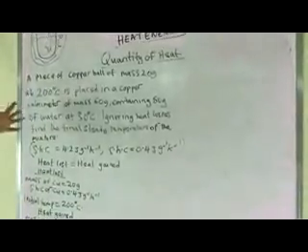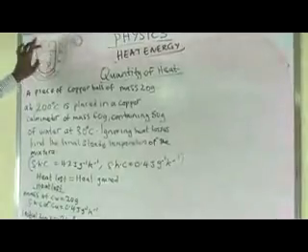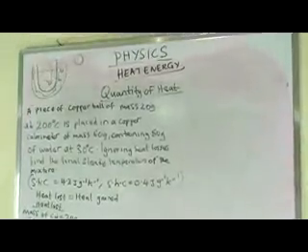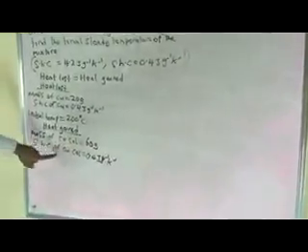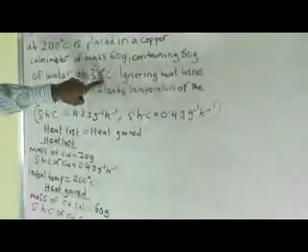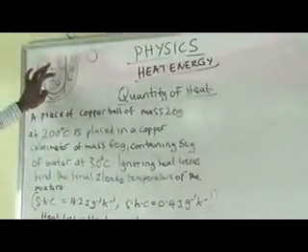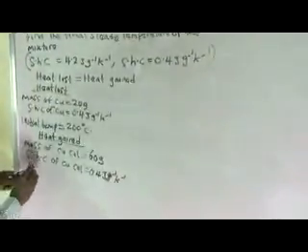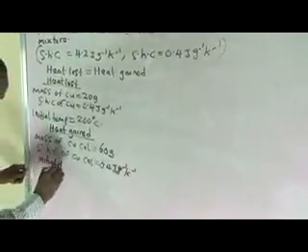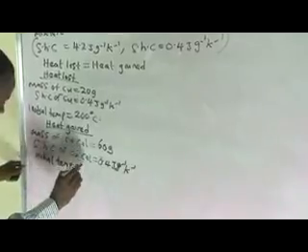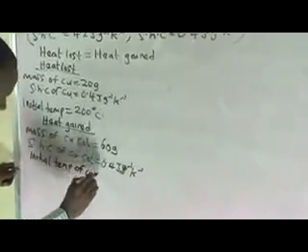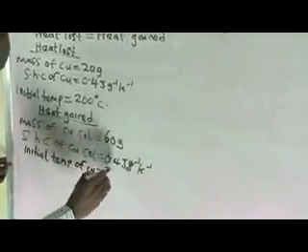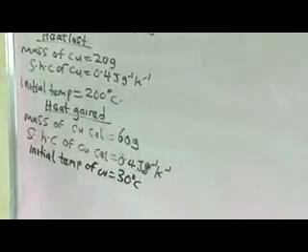The heat gained is in two parts, the copper and the liquid inside the copper. So the initial temperature of the copper calorimeter is 30 degrees Celsius.